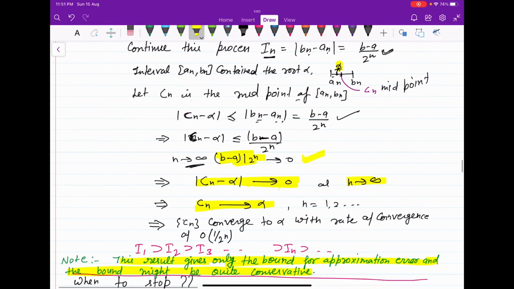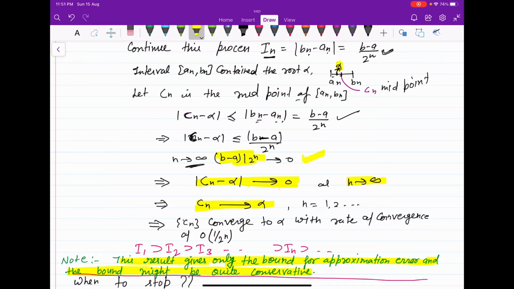So Cn is converging to alpha with rate of convergence of order 1 by 2 raised to n. That means in each and every step, the length of the interval is half of the previous one. Cn is the midpoint of the interval An Bn at the nth iteration, converging to root alpha with rate of convergence of order 1 by 2 raised to n.